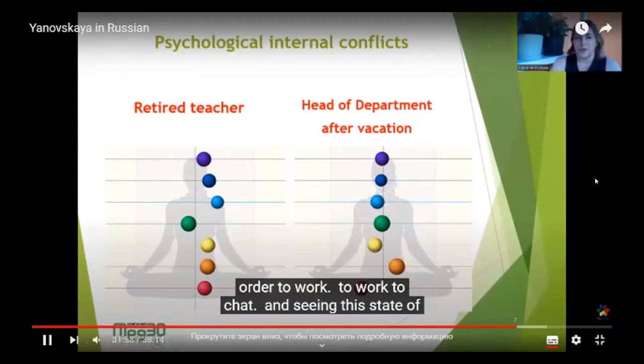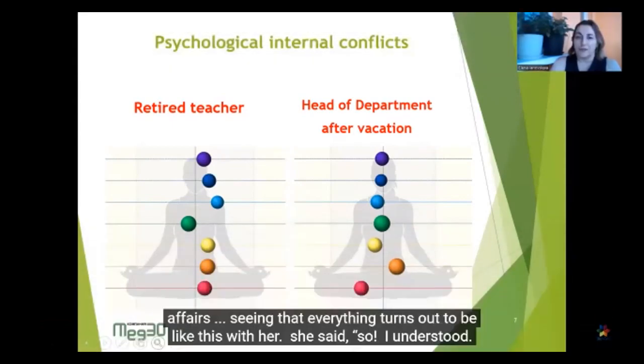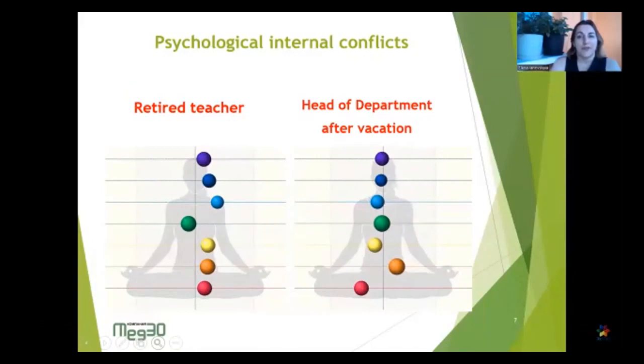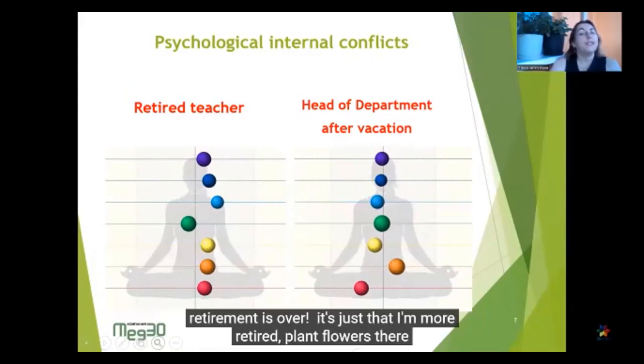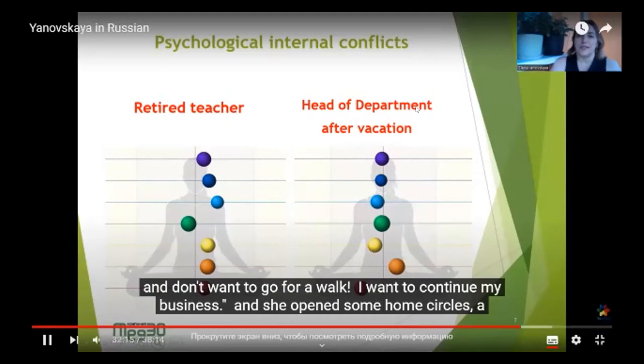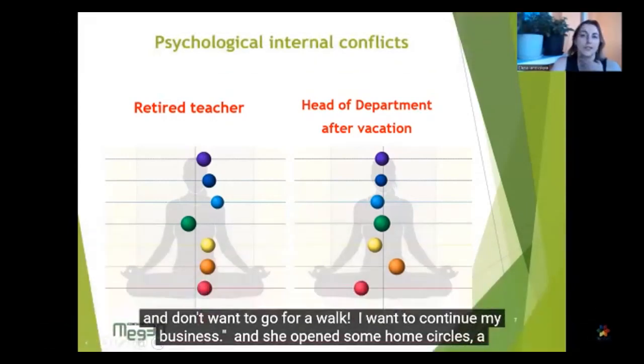And so in this state, you can see that everything has to be like this with her. She said, "Oh, I understand. The retirement is over. I'm no more retired. I will no longer plant flowers, etc. And I don't want to go for a walk anymore. I want to continue my business."